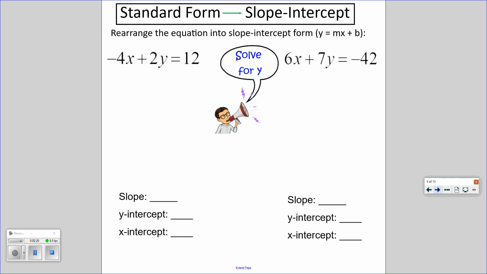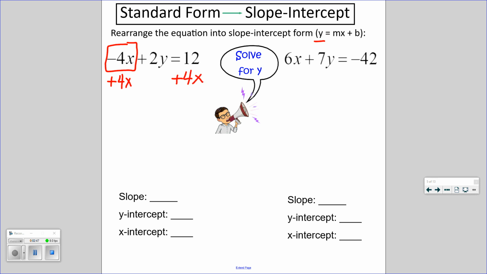So the very first thing I want to do is I'm trying to get it into y equals. And if I'm trying to get it into y equals, right now there's this -4x that I want to move and get rid of. So the first thing I'm going to do is move the x term back to the right side of the equation.